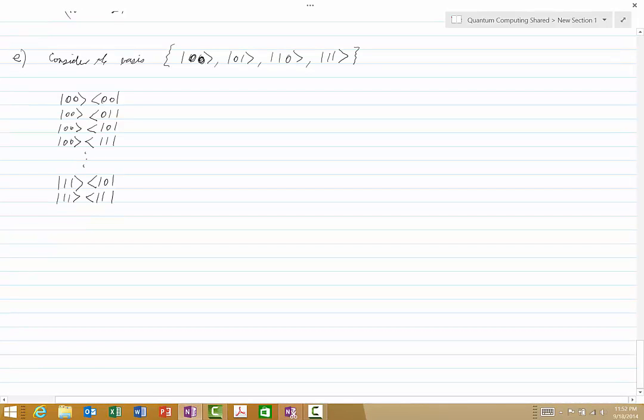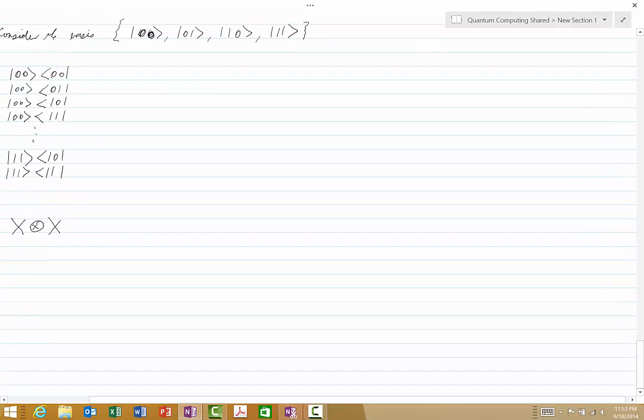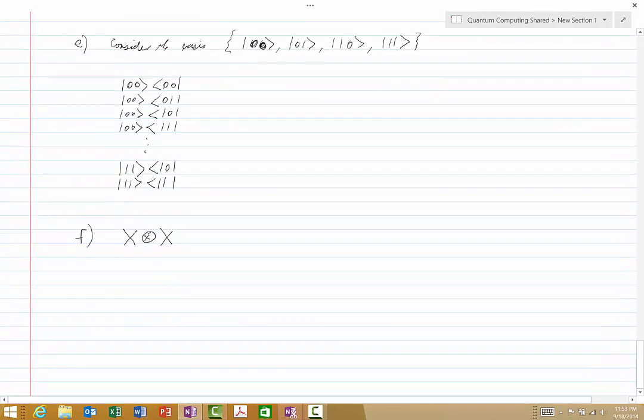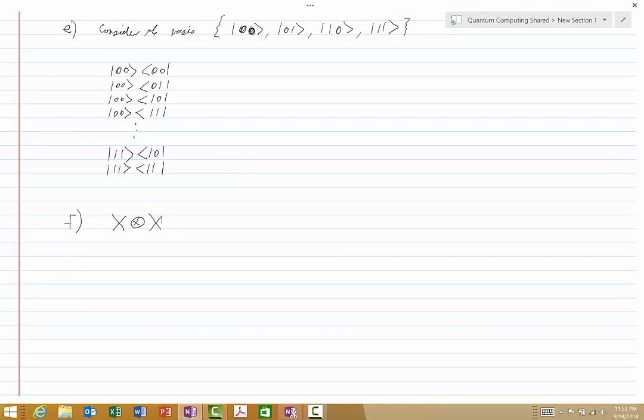And now the last thing I want to discuss before assigning problems is how to do a problem of type F. They want us to look at X, the tensor product of X with X. You need to look earlier in the problem to understand what X is.